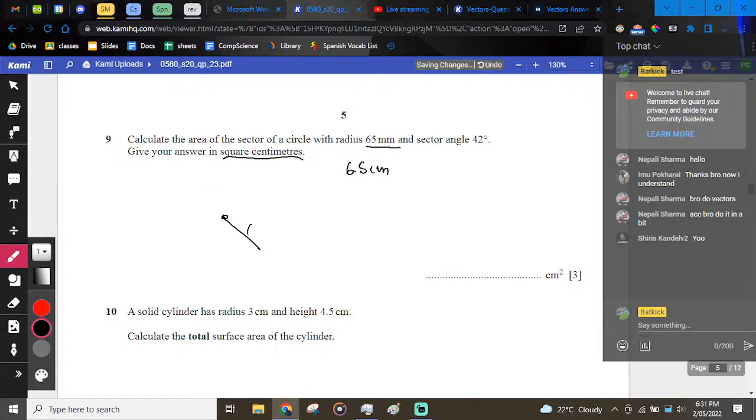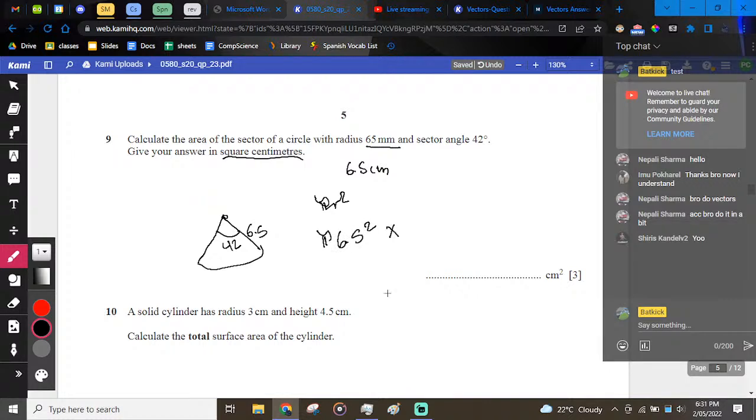Radius 6.5 and 42 degrees. It's like a slice of a circle. Imagine that's 42. Area how? Area is pi r squared. So pi 6.5 squared.